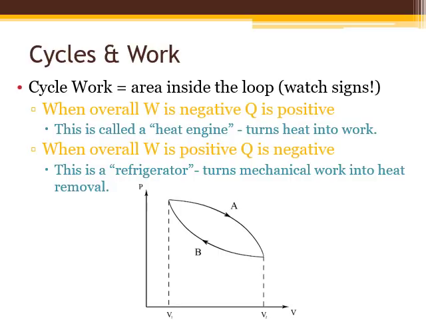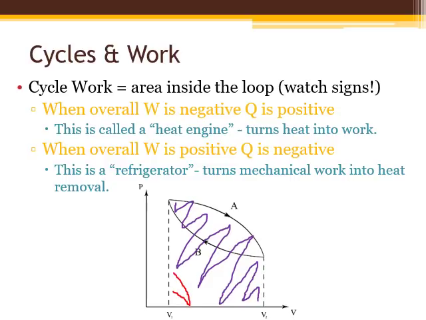Specifically, we could solve for the work during this cycle, and so one of those pathways, like for A, you would calculate the work as all of this area under this curve all the way down to the axis, and then when you return on the other side of the cycle on B, the work is going to be this area, and you'll notice those are going to be different values.